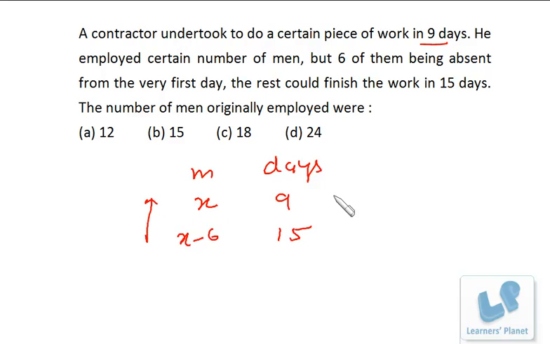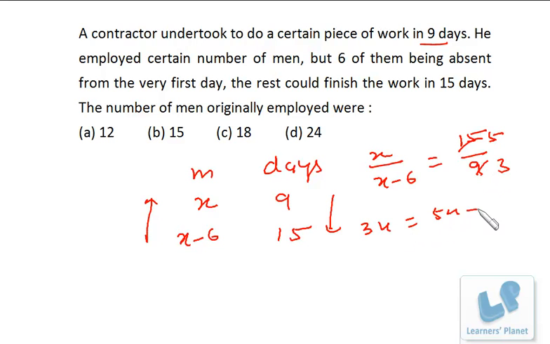So it's an inverse relationship. That means x upon x minus 6 is equal to 15 by 9. Okay, so it's 3x is equal to 5x minus 30. So 2x is equal to 30, x is equal to 15. Okay, so initially 15 men were employed. Friends, there is an alternative method to do this particular problem.